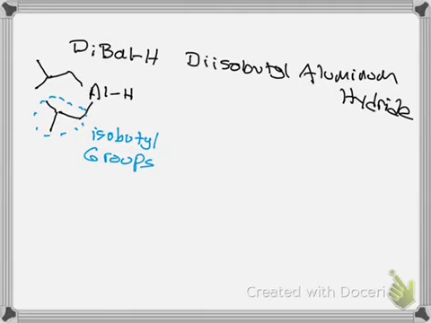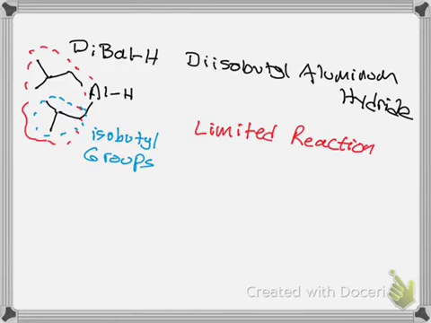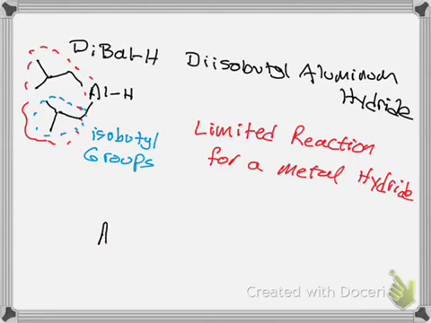What DIBAL does is it takes the hydride reducing agent and it kind of ties two of its hands behind its back. So it is a limited reaction for a metal hydride. Specifically, let's take a look at lithium aluminum hydride.